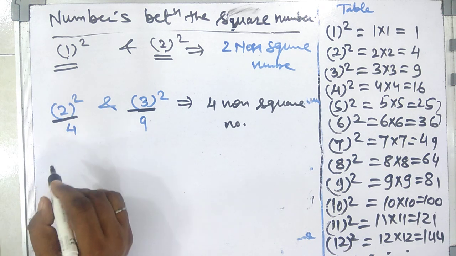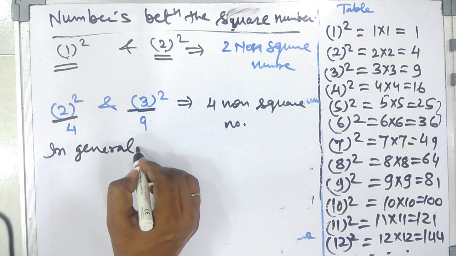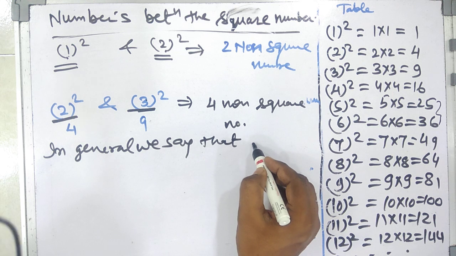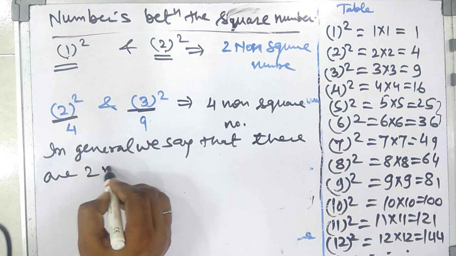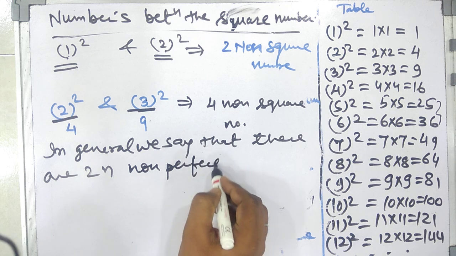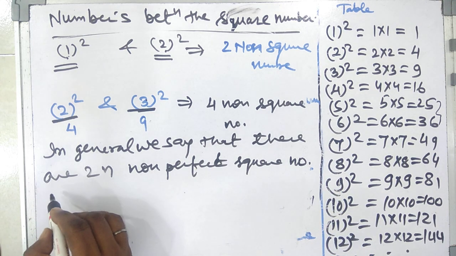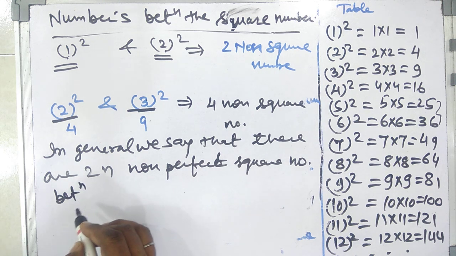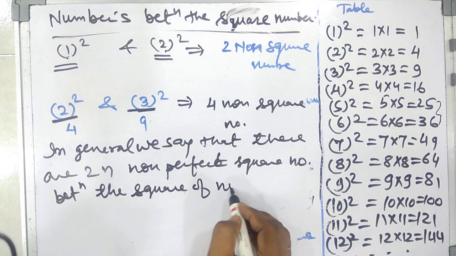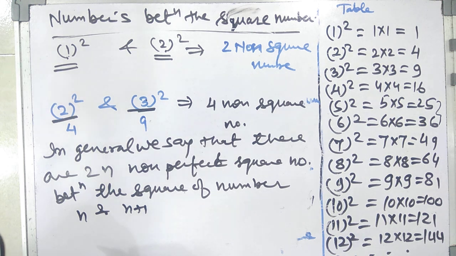It means in general, we say that there are 2n non-perfect square numbers between the square of number n and n plus 1.